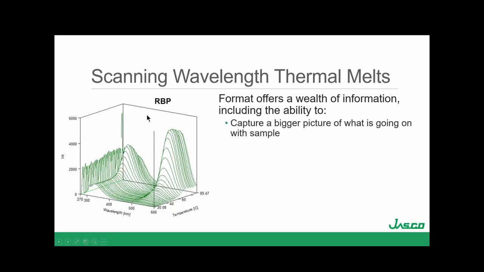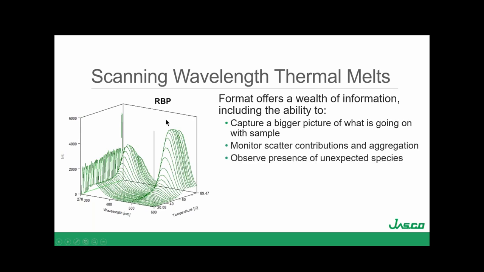And basically, we get to capture a bigger picture of what's going on with the sample. We can monitor scatter contributions and aggregation, observe the presence of unexpected species. And to boot, we still can extract thermal melt curves at multiple wavelengths of interest. So it's a real bonus to be able to run scanning thermal melts.